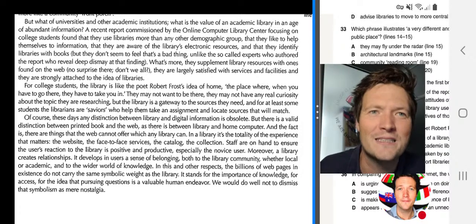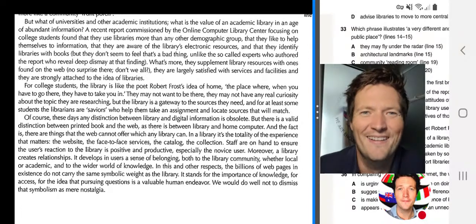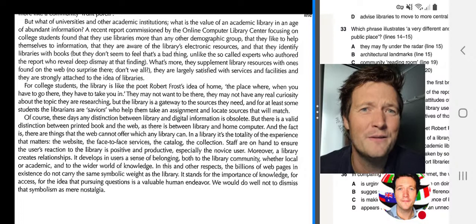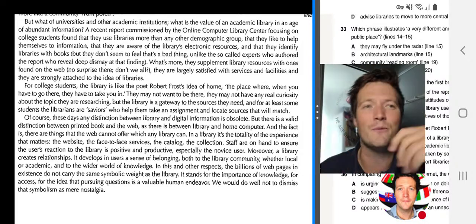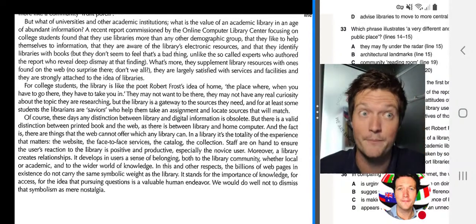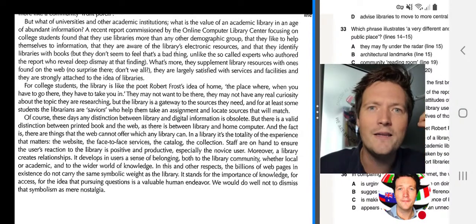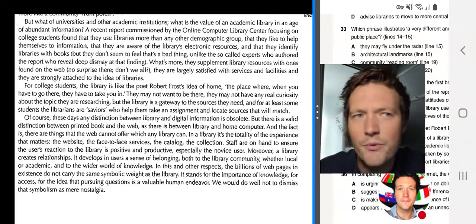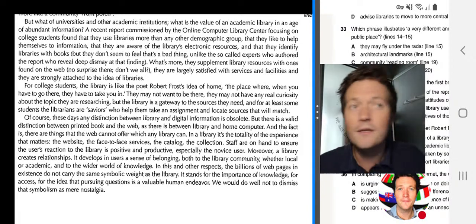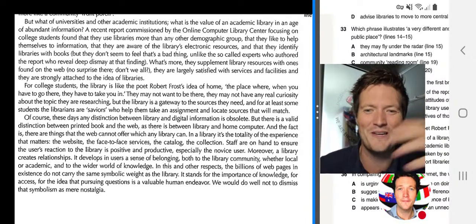They don't feel that that's a bad thing, unlike the so-called experts who authored the report, who feel dismayed. So the experts that did the survey were saying, oh, this is a real problem, because people, shock horror, associate libraries with books. We don't want that. We're trying to rebrand libraries.